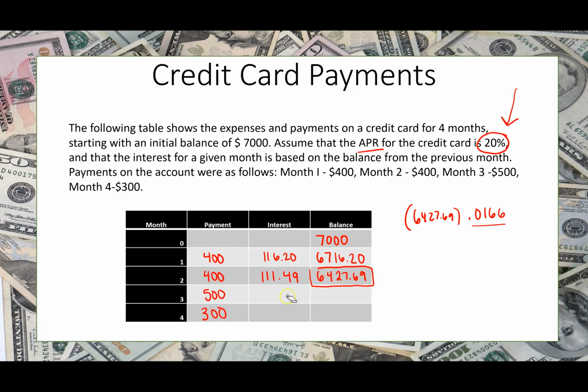And so my interest for the third month is going to be $106.70. Okay, how do I get the balance? Well, I take my previous amount that I owe, $6,427.69. I'm going to subtract my $500 payment, and then I'm going to add 106.7.